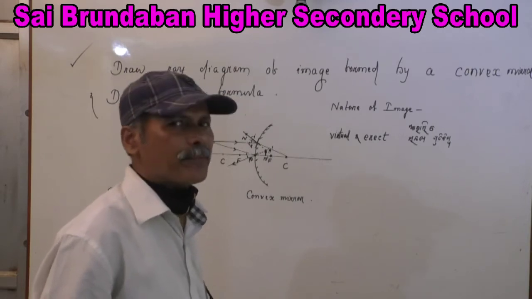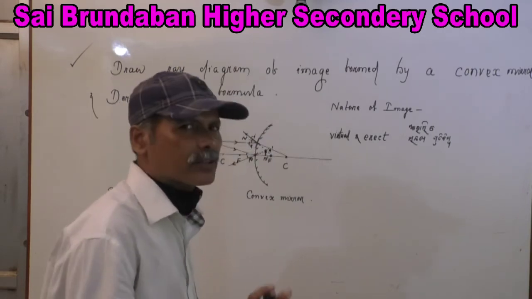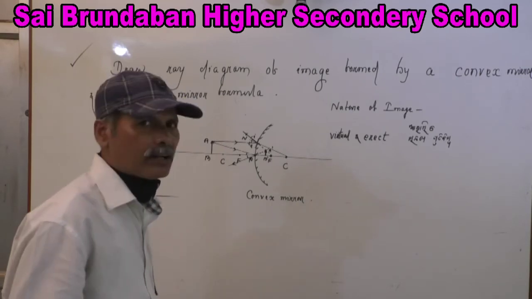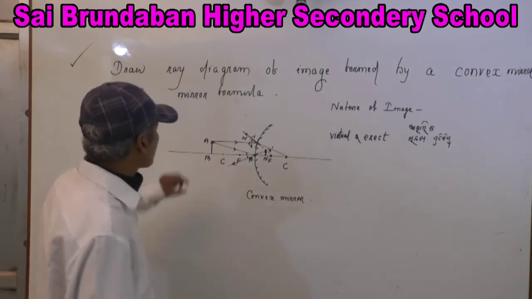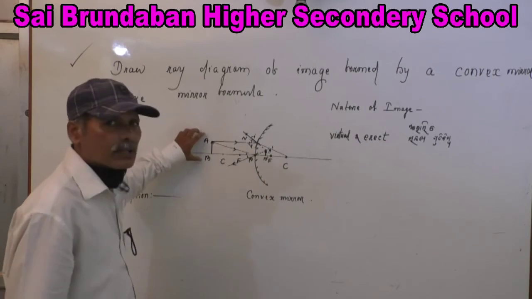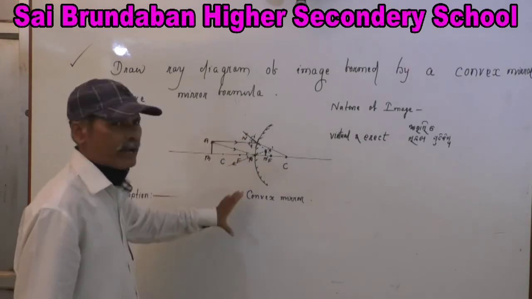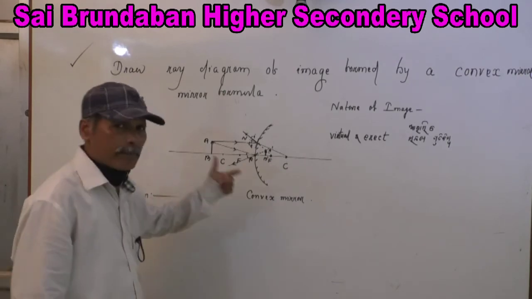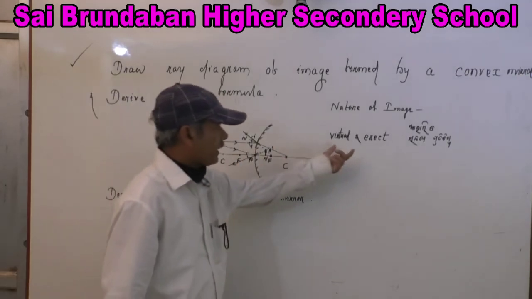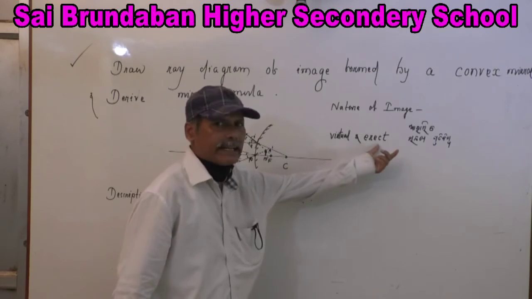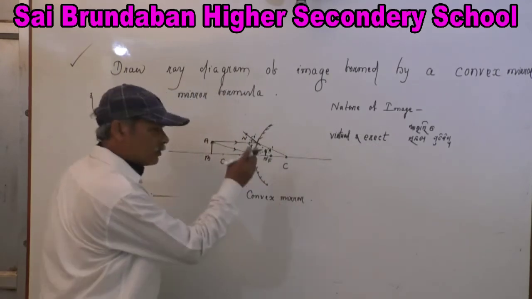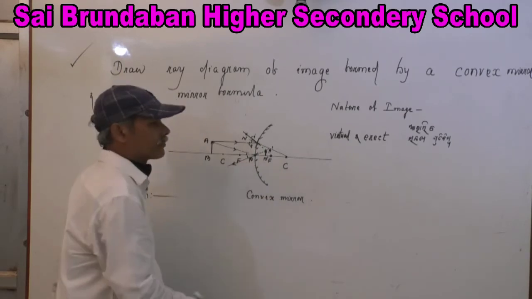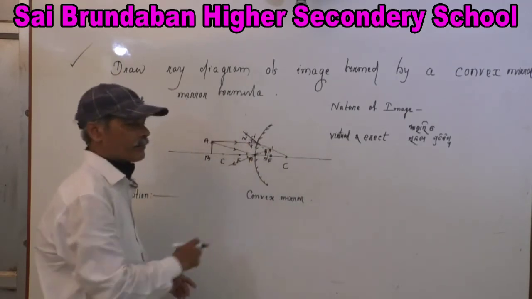You have already written the same thing in case of a concave mirror. You just repeat it. An object AB is placed in front of a convex mirror. The virtual and erect image A dash B dash falls behind the mirror.